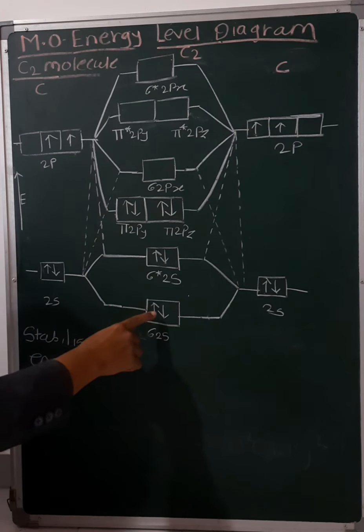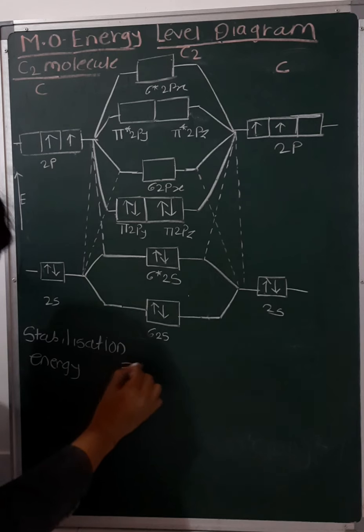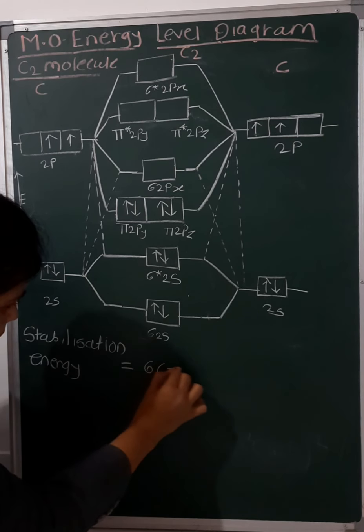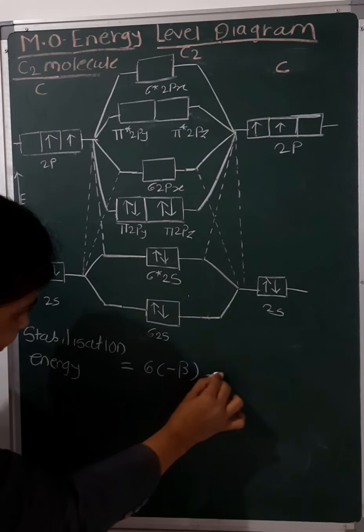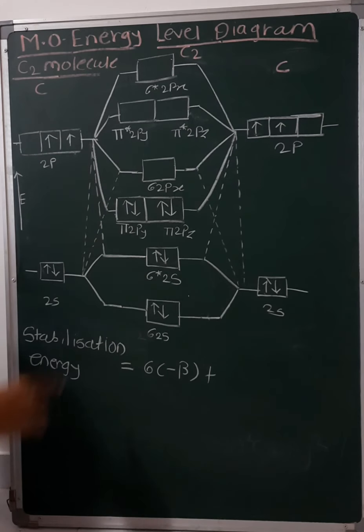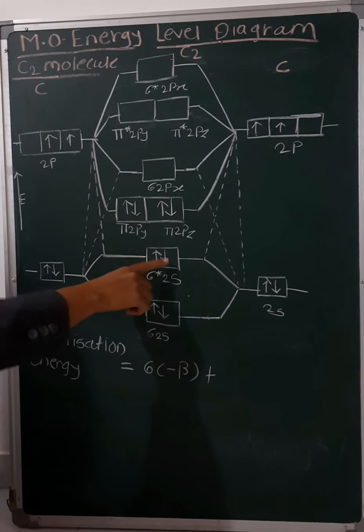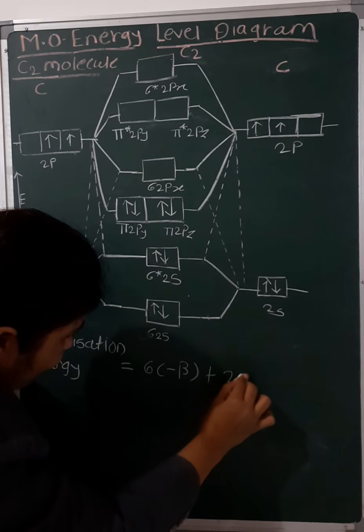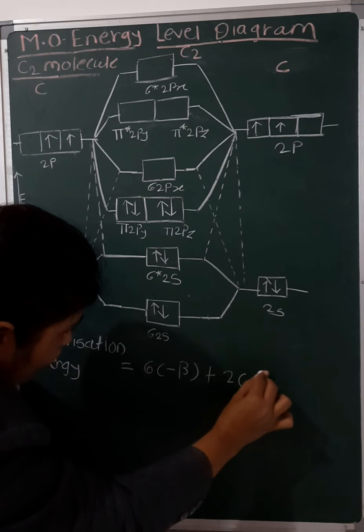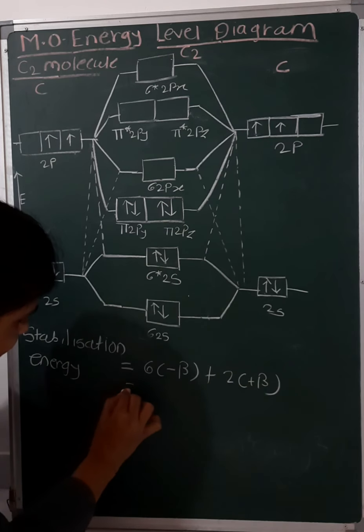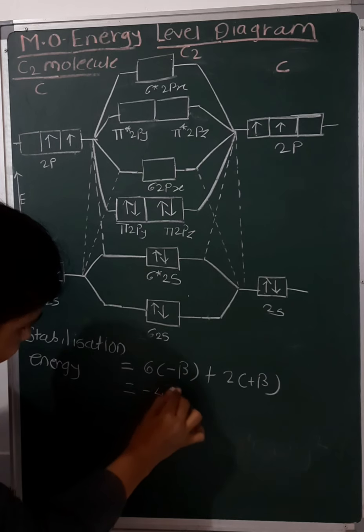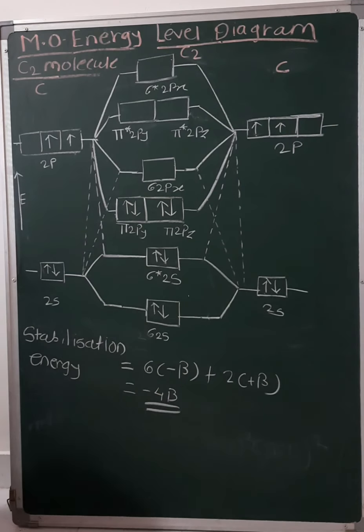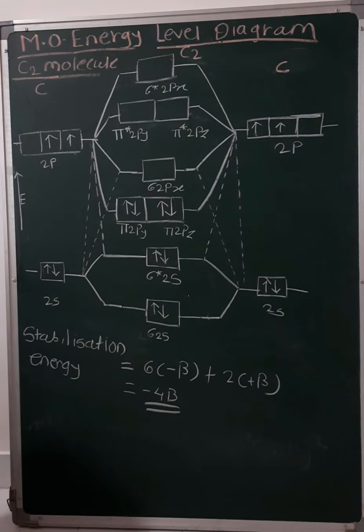There are a total of 6 electrons present in bonding molecular orbitals, and only 2 electrons in antibonding molecular orbitals. That means the stabilization energy of the carbon molecule is minus 4 beta.